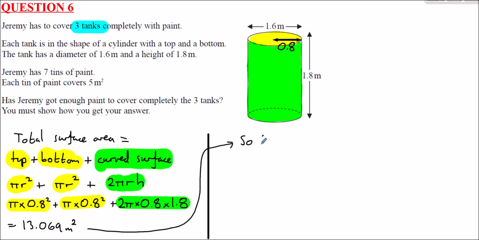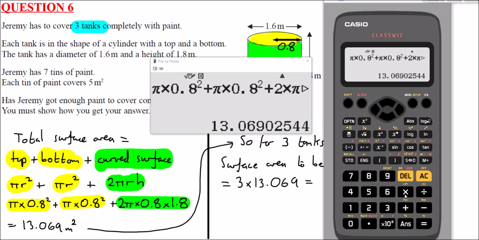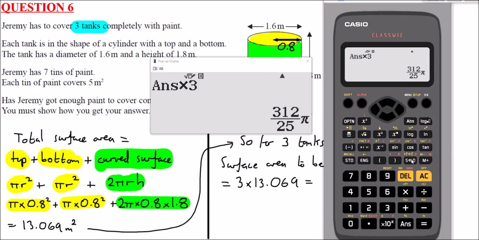So for 3 tanks, the total surface area to be painted is going to equal 3 multiplied by 13.069. So times this one by 3, 39.207.